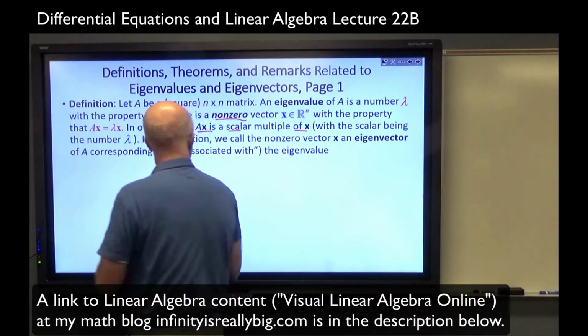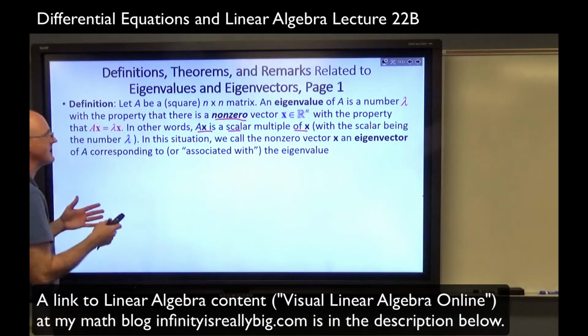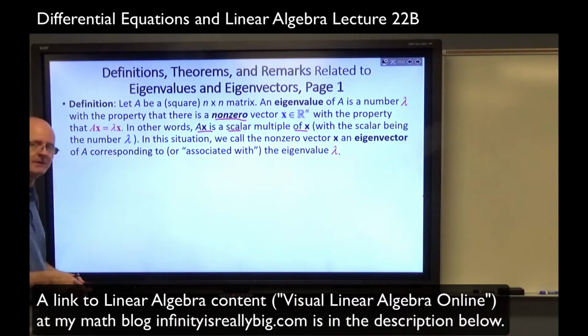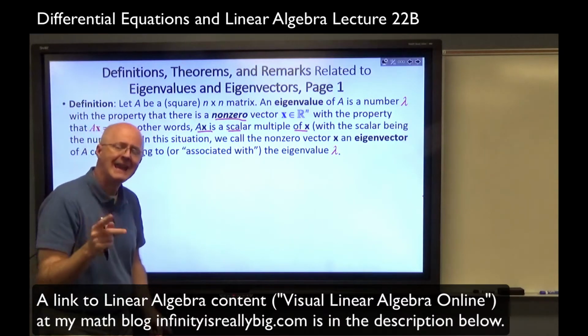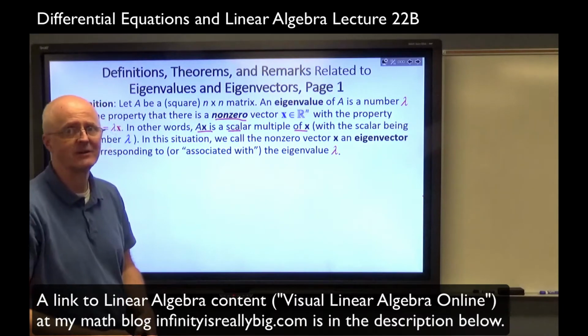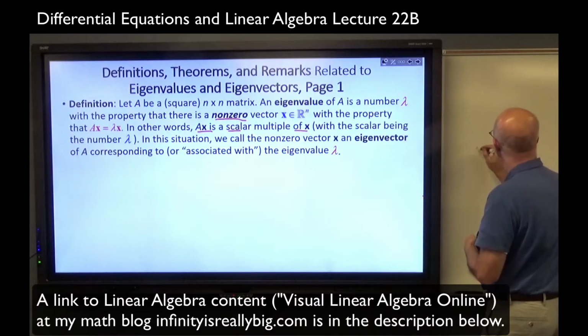In this situation, get this terminology right, we call the non-zero x an eigenvector of A corresponding to the eigenvalue lambda. You could also say associated with the eigenvalue lambda. Okay? Any non-zero multiple of x will also be an eigenvector for the eigenvalue lambda. Why?